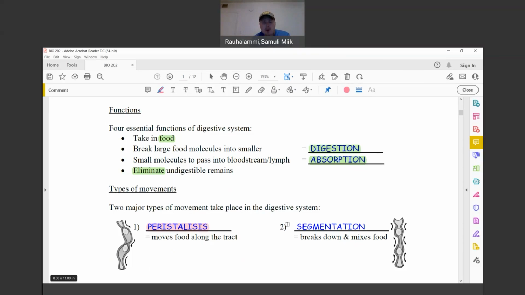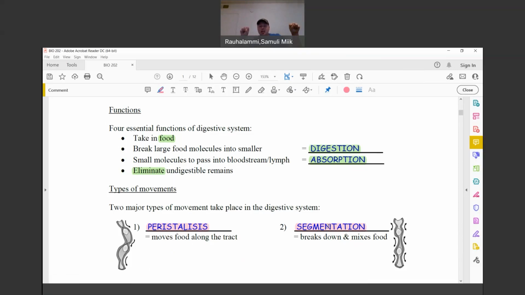The other type of movement that we run into, especially in the digestive system, is going to be segmentation. And with segmentation, again, we have parts of the vessel contracting, but this time they're not going to contract in a very synchronized manner. They contract here and there.